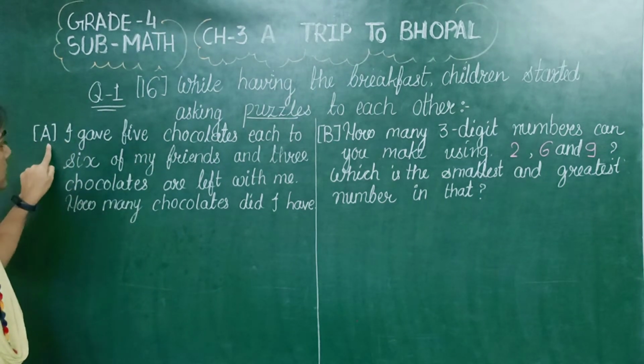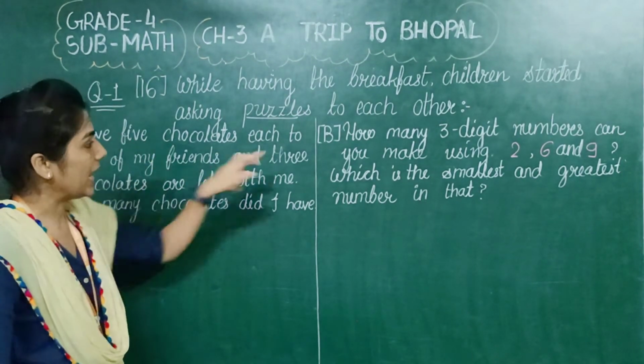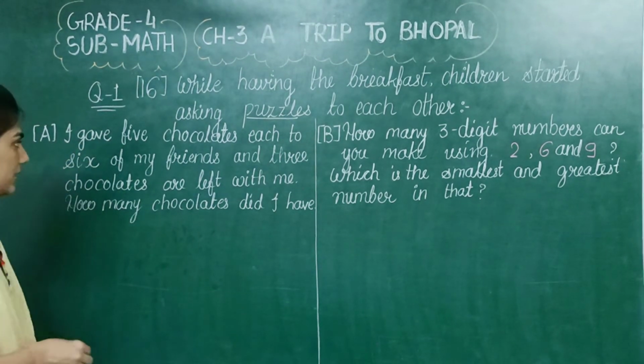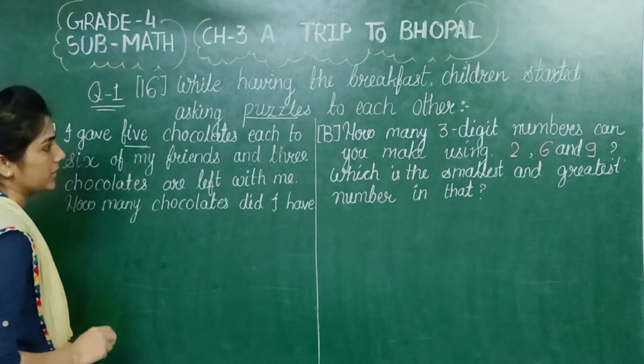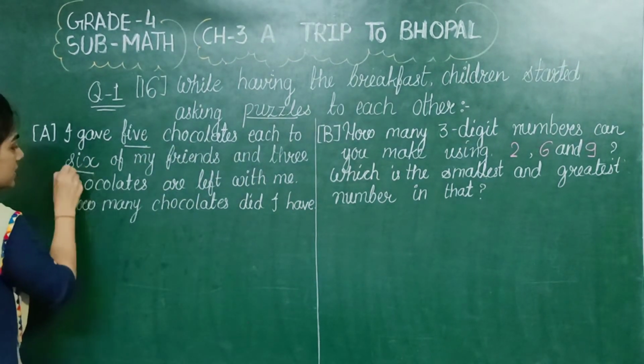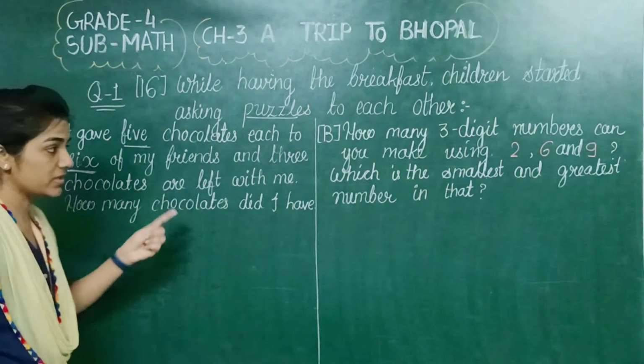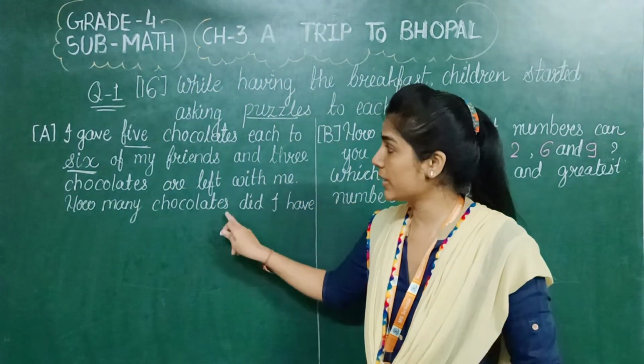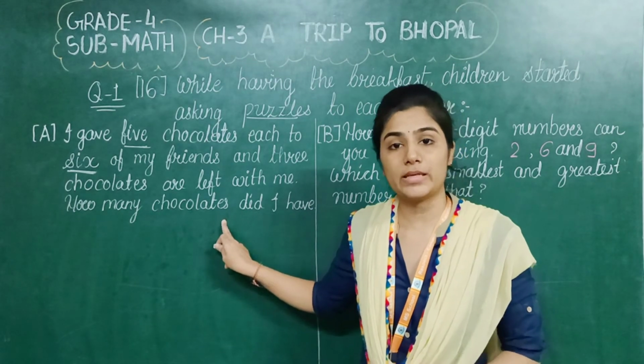Question A is: I gave 5 chocolates each to 6 of my friends. You can perform this puzzle with your friends, and you can think about it practically, so it is very easy for you.